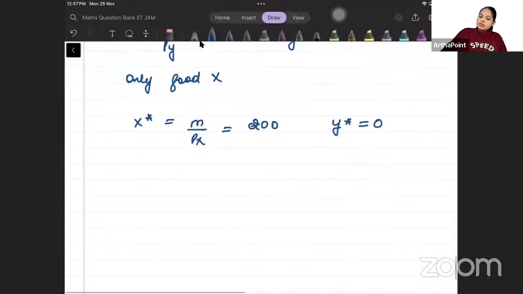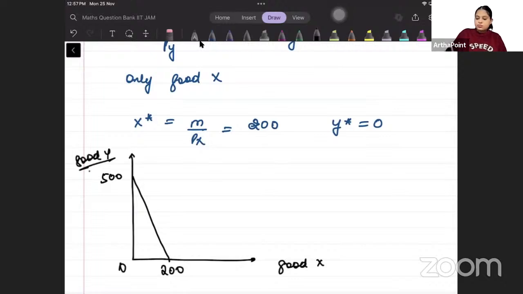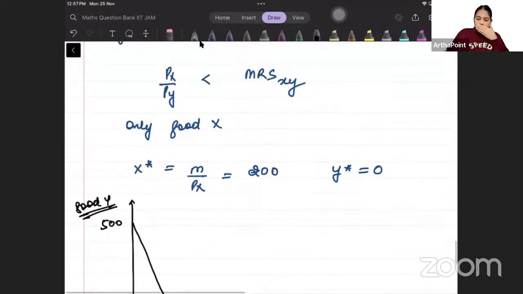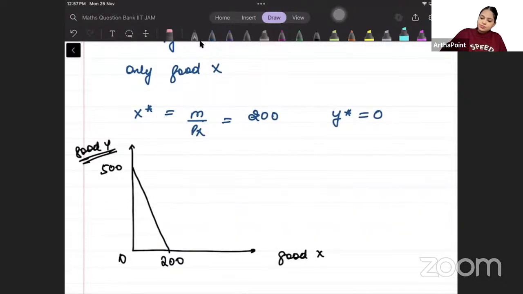In this case, if you go ahead and plot, this is your budget line. Right? And we know that the slope of the indifference curve is more. So the indifference curve will be steeper.